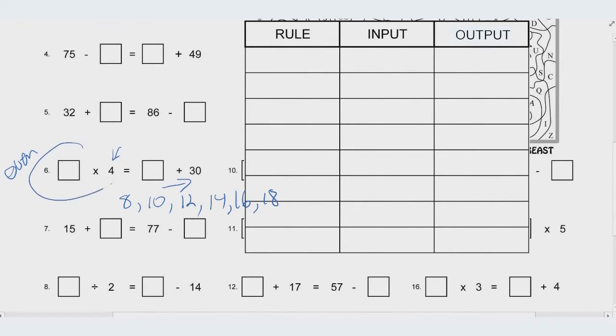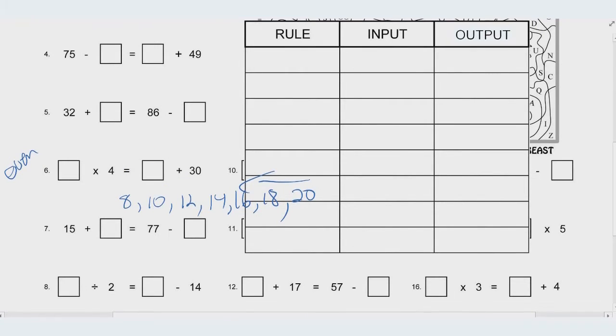So this number over here is going to get really big, while this one doesn't get that big. Like for instance, if I put 20 here, 20 times 4 is 80, but 20 plus 30 is only 50. So you know it cannot be bigger than 20. Or in other words, it cannot be too big of a number because the left side will get bigger faster.